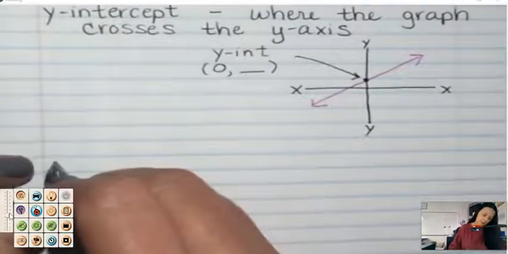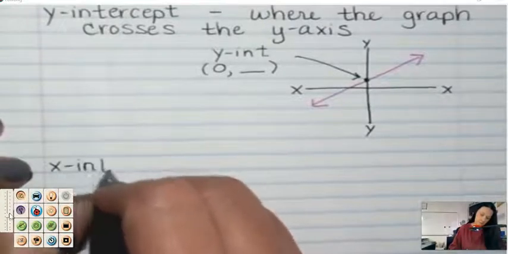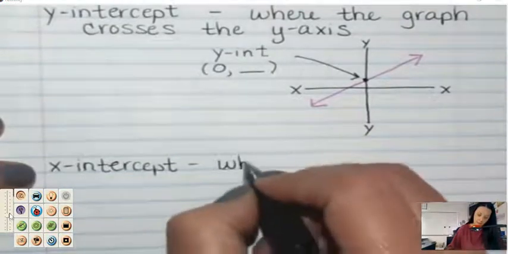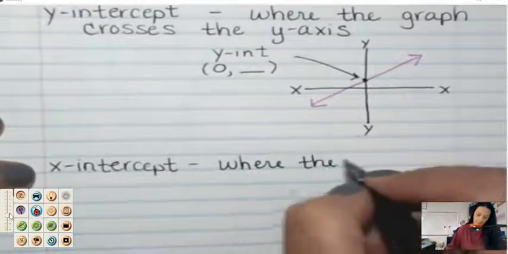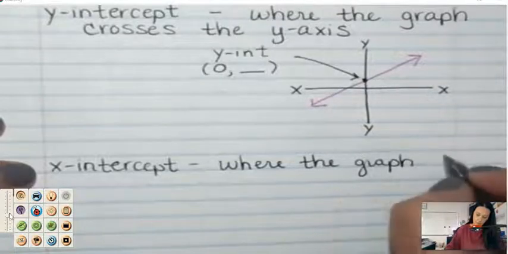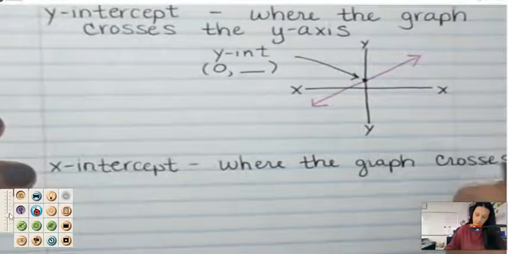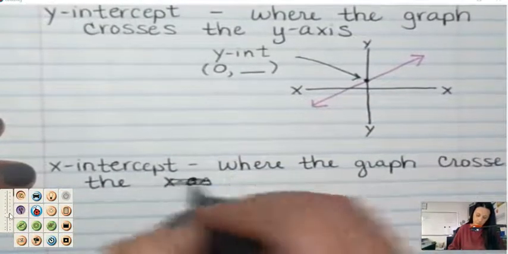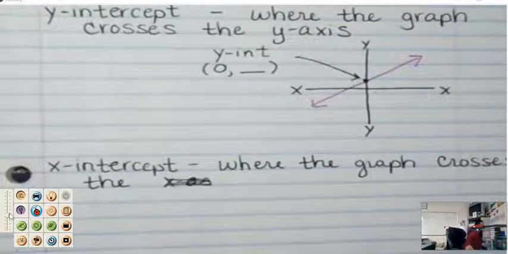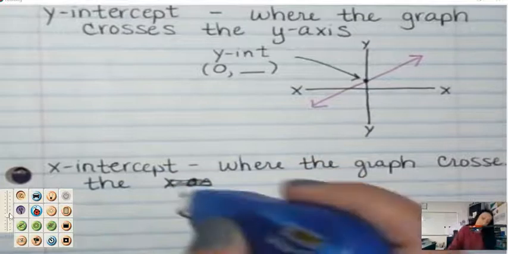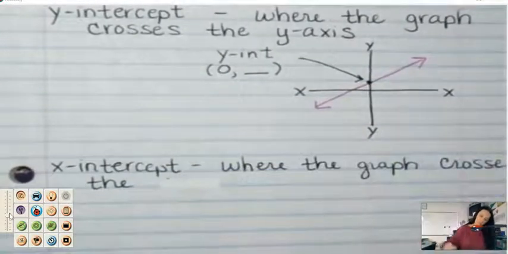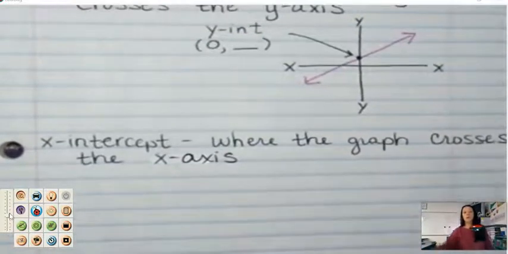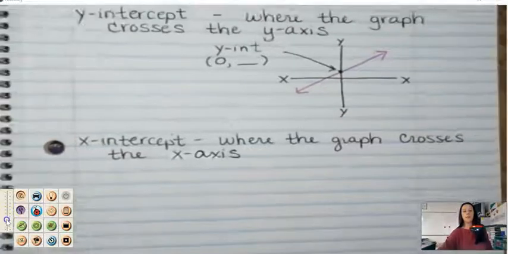Then we have the X-intercept. And that's where the graph crosses the x-axis. Where the graph crosses the x-axis is the X-intercept.